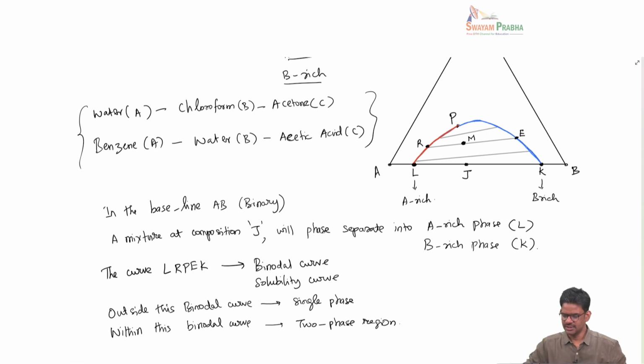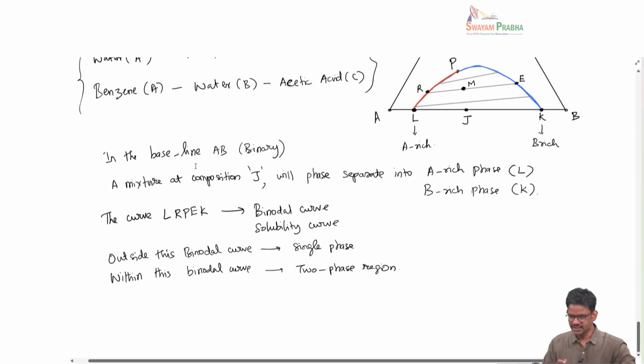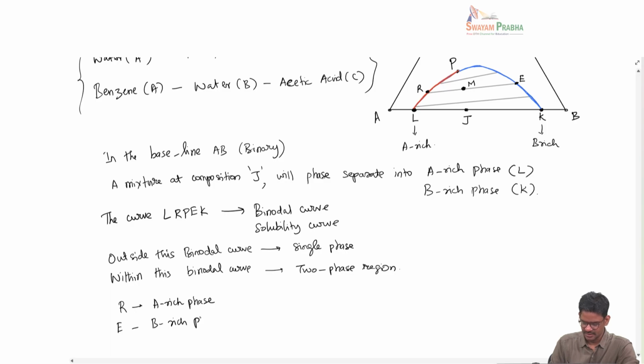So now there is a line that connects R and E. So let's write this. R is the A rich phase and E is the B rich phase, and these would be equilibrium phases.